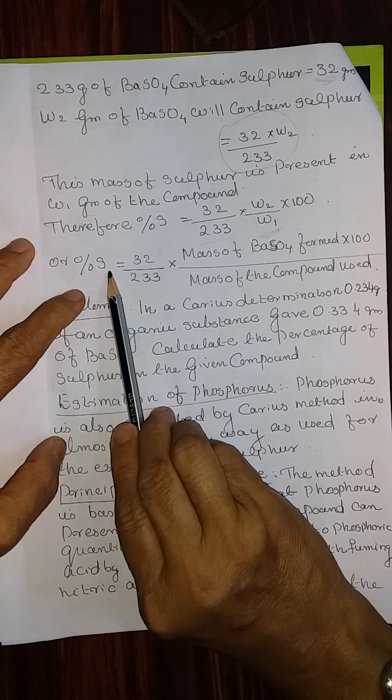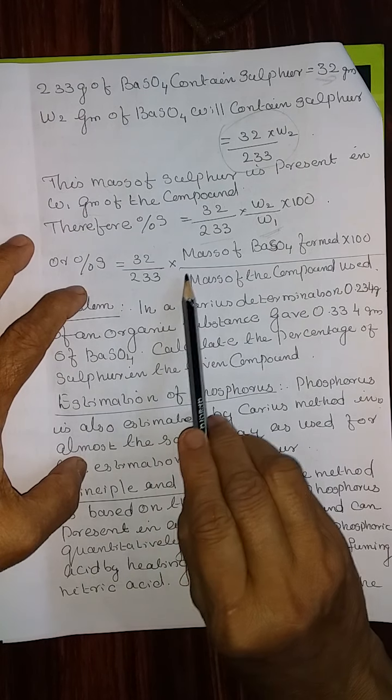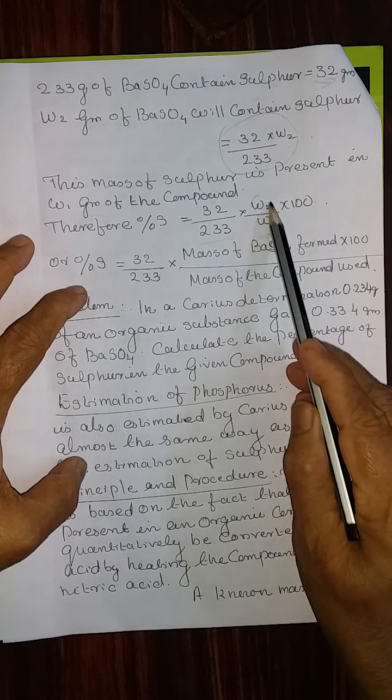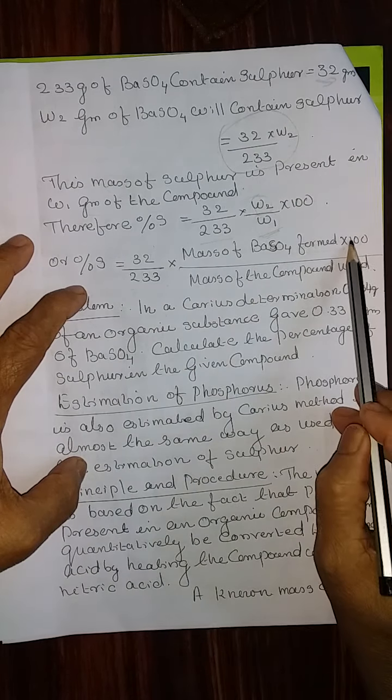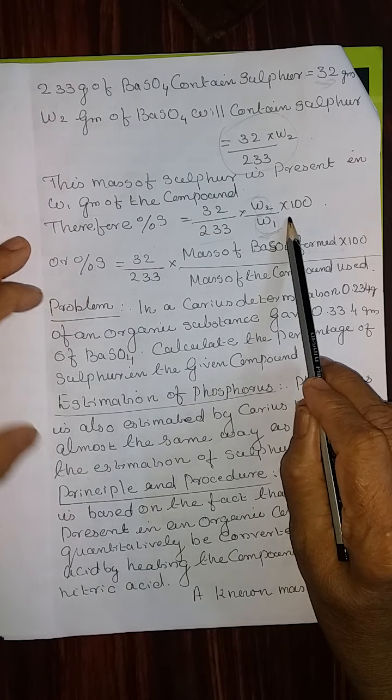Or percentage of sulfur is equal to 32 by 233 into, in words, mass of the barium sulfate formed, that is W2, into 100 divided by mass of the compound used, that is W1.